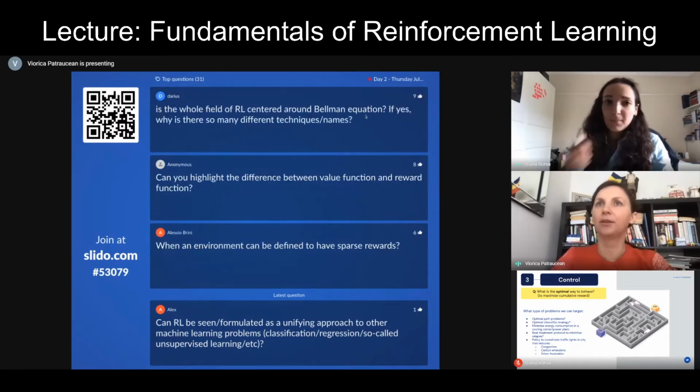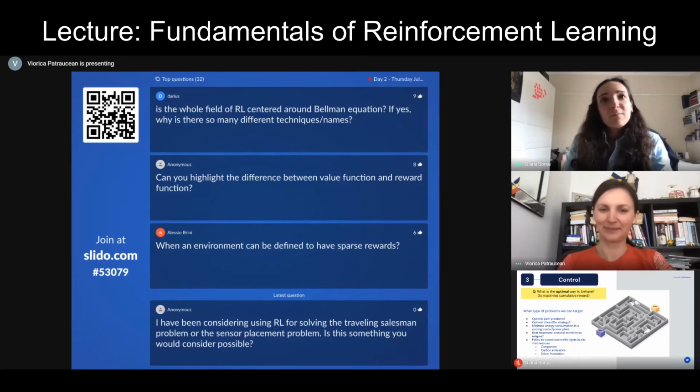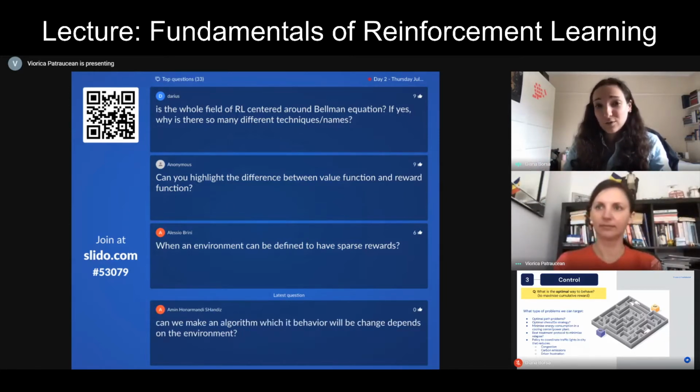Okay, so the last one: why is the whole field of RL centered around the Bellman equation? And if yes, why are there so many different techniques and names? Value-based methods do center around Bellman equations, just because this is a formulation that allows us to cache in these solutions and have this form of dynamic programming that is very, very efficient. If you were to unfold this tree and try to do the backups like that, exhaustive search would never be able to tackle these problems.